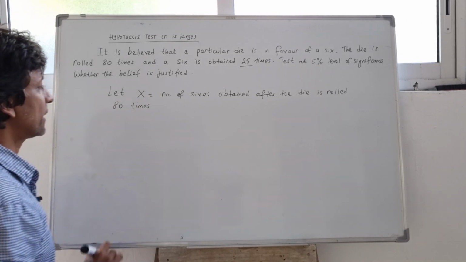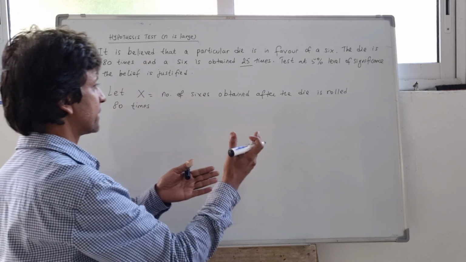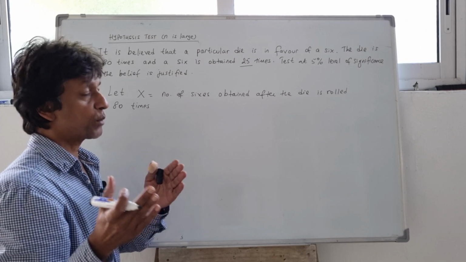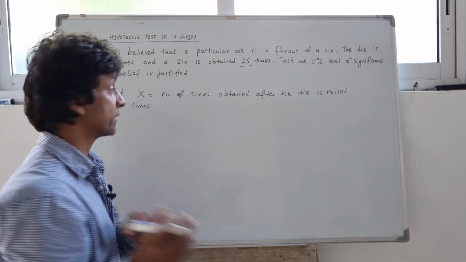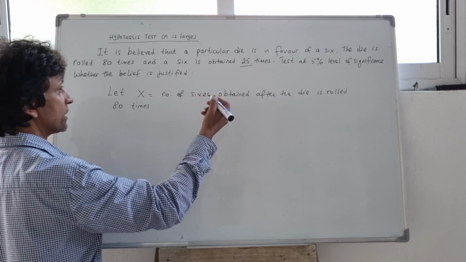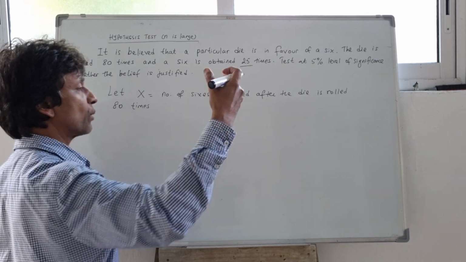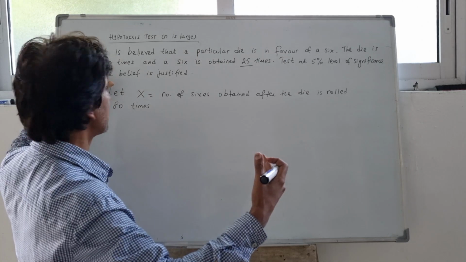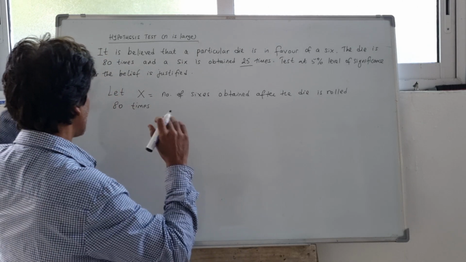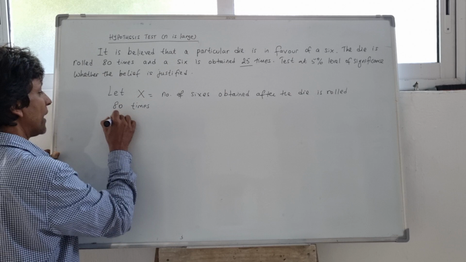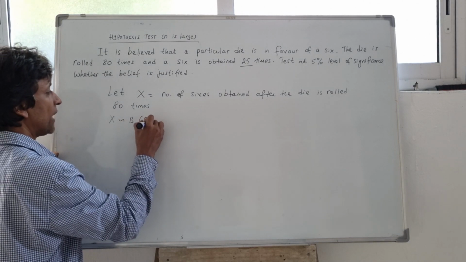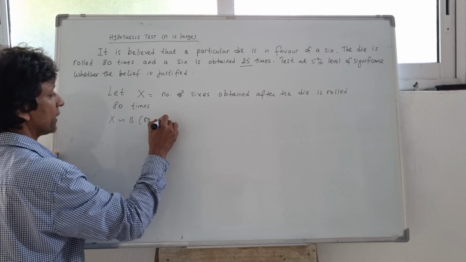If it's in favor of 6, the probability of getting a 6 is going to be 1 over 6. So we're looking at the binomial distribution because there's a probability of success and a failure and a limited number of trials, which is 80. However, 80 is very large. We're going to come to that in just a moment. So x is binomially distributed with n, which is 80, and p.